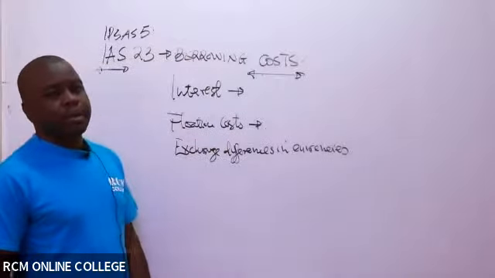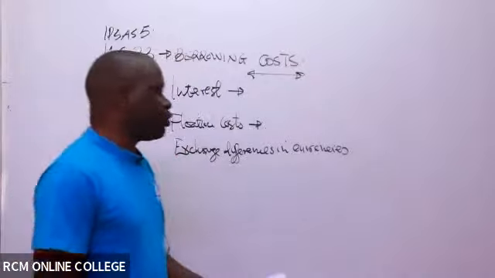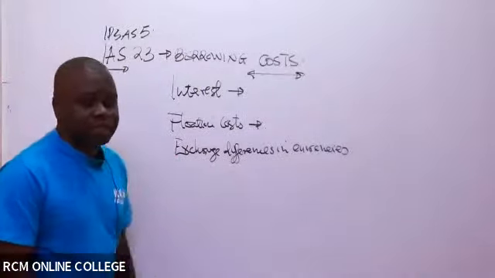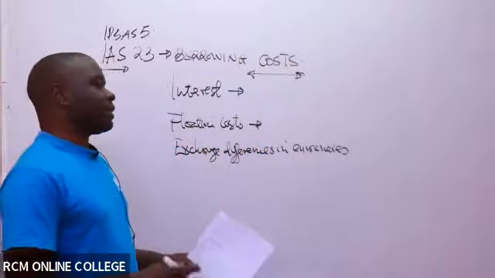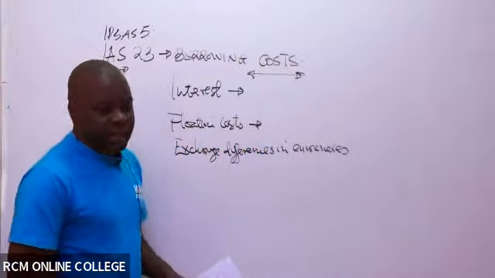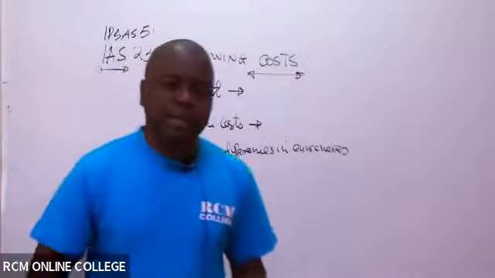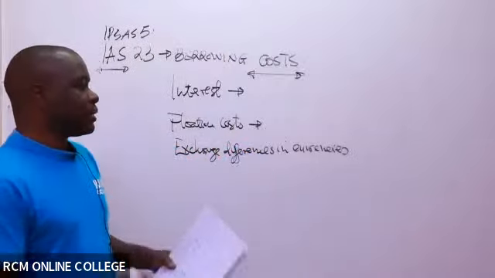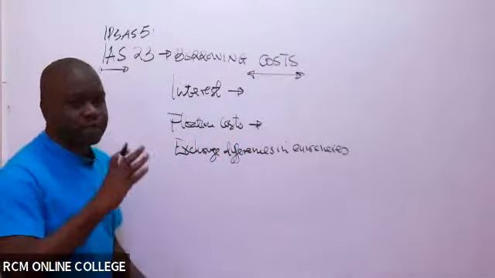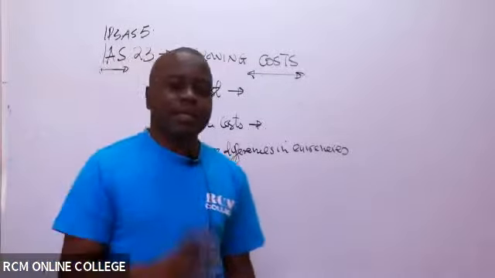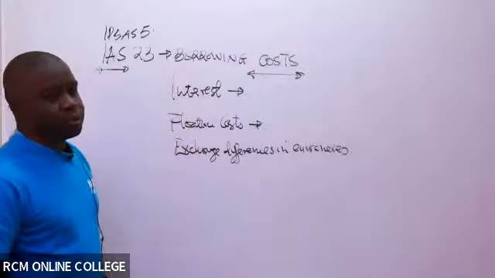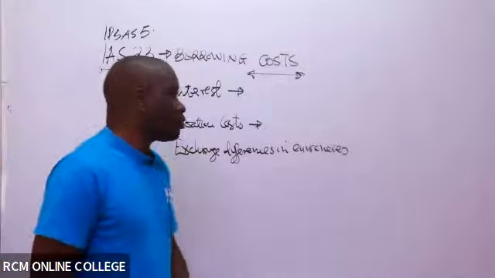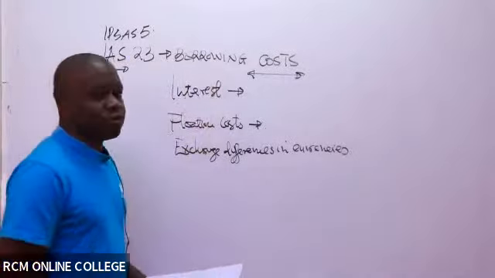For example, if 4 years ago the dollar was going for 150 shillings, it means they were repaying 150 shillings for each dollar. But since the dollar has skyrocketed in terms of the exchange rate, it simply means that the cost of this borrowing has risen. So there can be these exchange differences causing the cost of borrowing to rise.